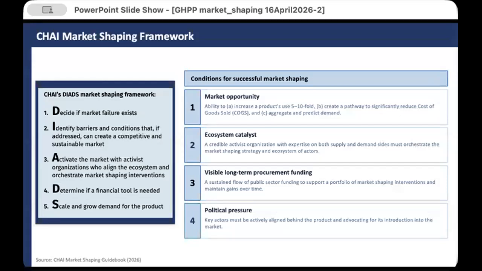CHAI themselves has played this role many times, as have some of the other actors. Determine if a financial tool is needed, if one of the interventions that falls into the financing bucket is needed. And then, of course, scale and grow demand for the product, because obviously the work does not end with securing a low price. And we're going to see greater examples of that.